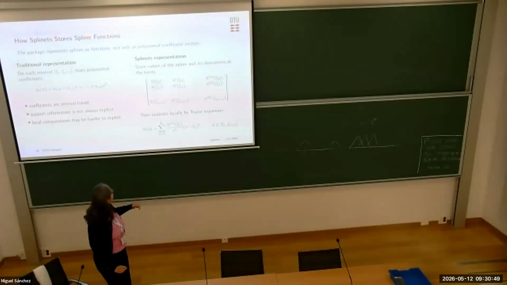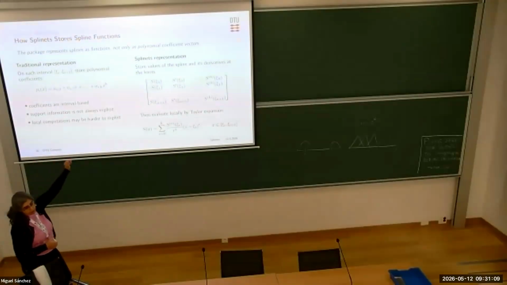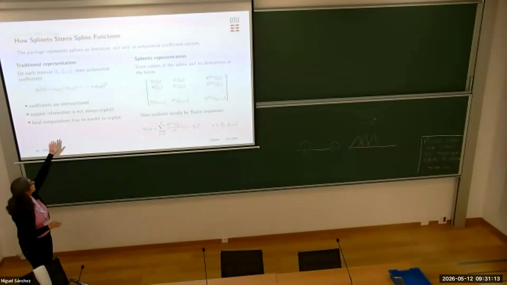Okay, here. Standard for each interval of the nodes, you have your function, which is represented as a sum of these splines, and that's converted into this polynomial form. When we evaluate, we didn't use that form. We use only Taylor expansion, so we don't use this form at all.